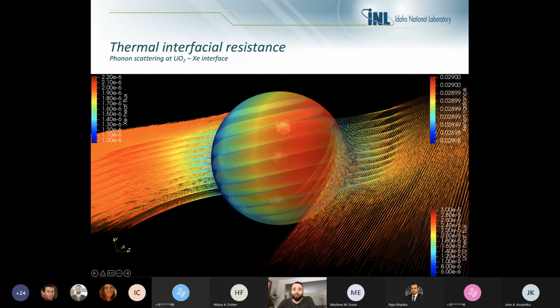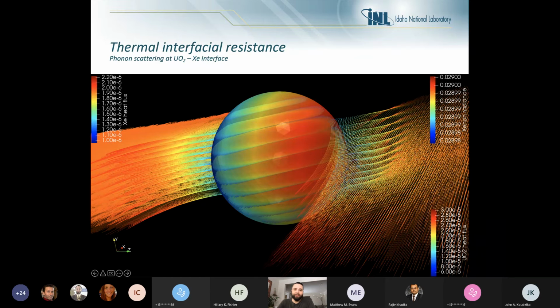We see that close to the xenon, the heat flux starts to decrease. It's higher here and then lower in the vicinity of the bubble on both sides of it, and it resumes its transport after it gets away from the bubble. But the bubble itself makes phonons scatter more and therefore lowers the heat flux.